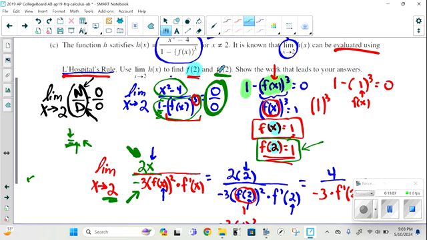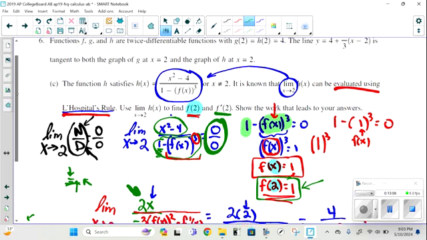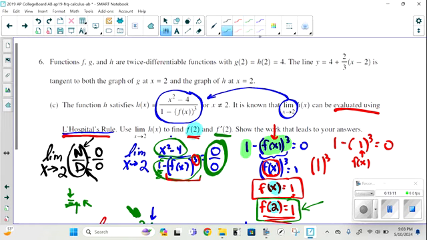Here's the catch, kids. G of 2 is 4, isn't it? That's given to us. But what else is given to us is h of 2 is 4. There's a coordinate. When x is 2, y is 4 for my function h. That's a point.